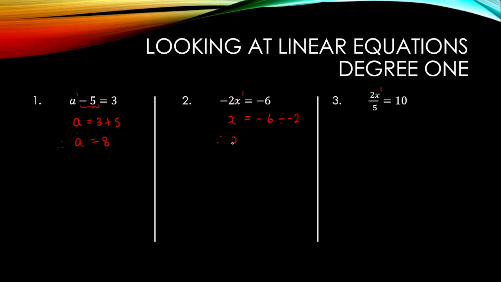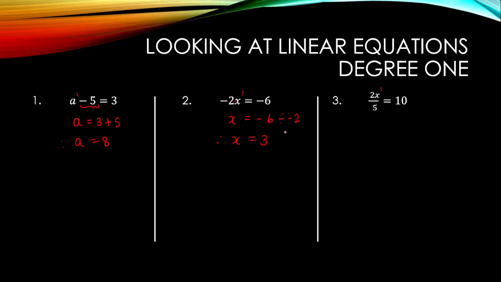Therefore x, remember, when I divide, it's got the same situation as multiplication. Minus divided by minus is a plus. 6 divided by 2 is 3. There again, I've isolated x by itself. The variable is isolated by itself on the one side of the equation.